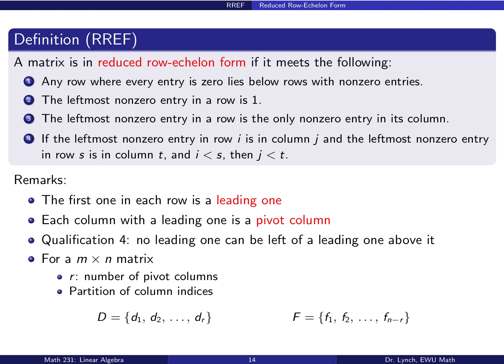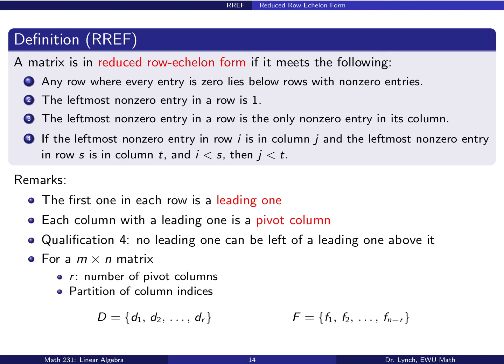So when we talk about the leftmost entry being the only non-zero entry in its column, every pivot column has a 1 in its leading spot and all zeros above it and below it. And then qualification 4 can be described in terms of these leading 1s and pivot columns. No leading 1 can be left of a leading 1 above it.